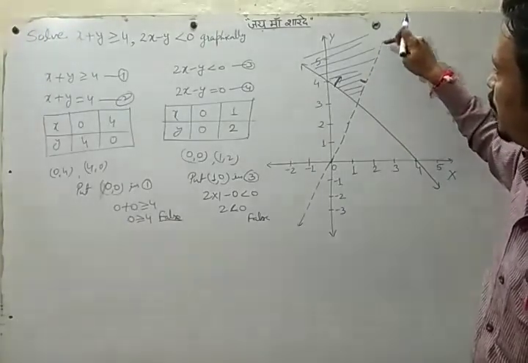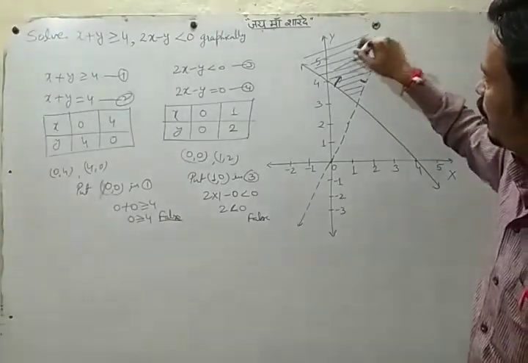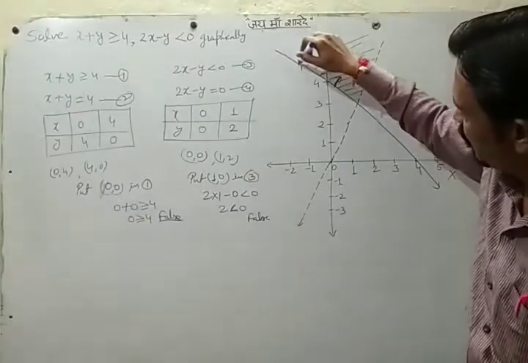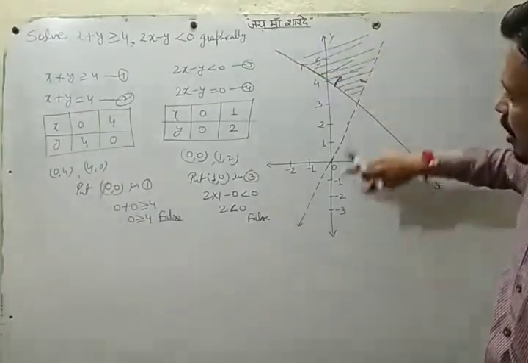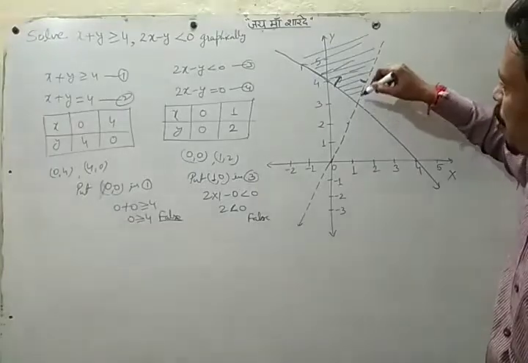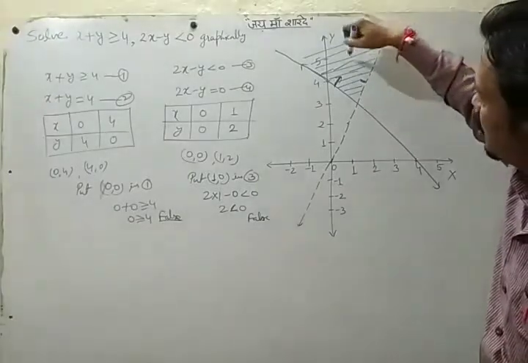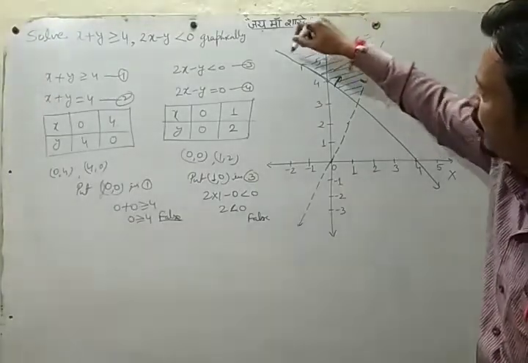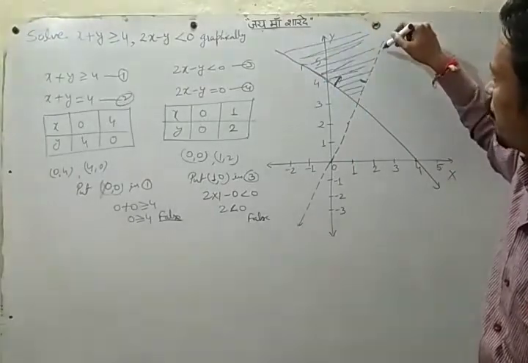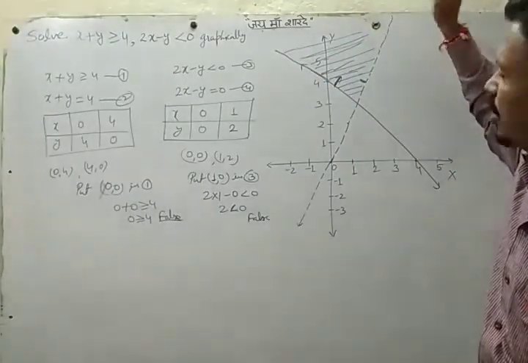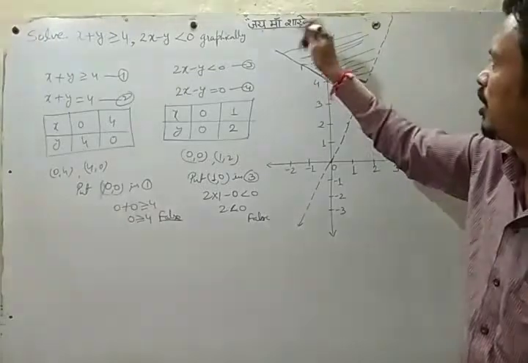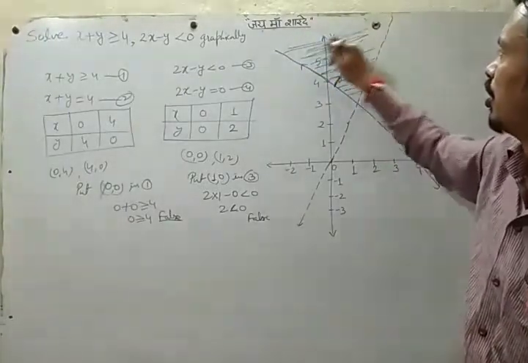In this solution, this line will be included, but the dotted line will not be. So above in this side we can go ahead, but points on this line we cannot take. Only this part will be our required solution.